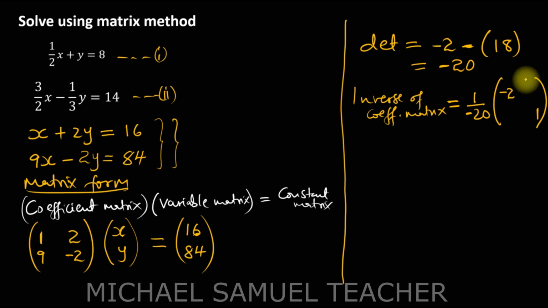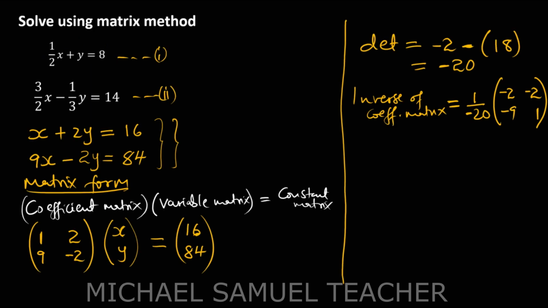So 2 will be minus 2 and 9 will be minus 9. The next step is pre-multiplying the matrix equation by the inverse, on both sides.